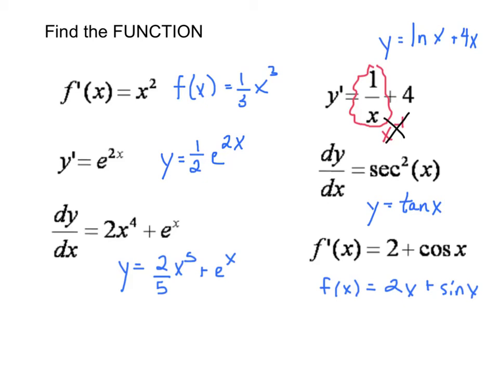So I'm not assured that those are the functions that have that derivative unless I make some notation of that. So for every one of these, I need to write a plus c. And that c stands for constant, and it's just notation saying there could have been a constant that when I found the derivative would have been gone.